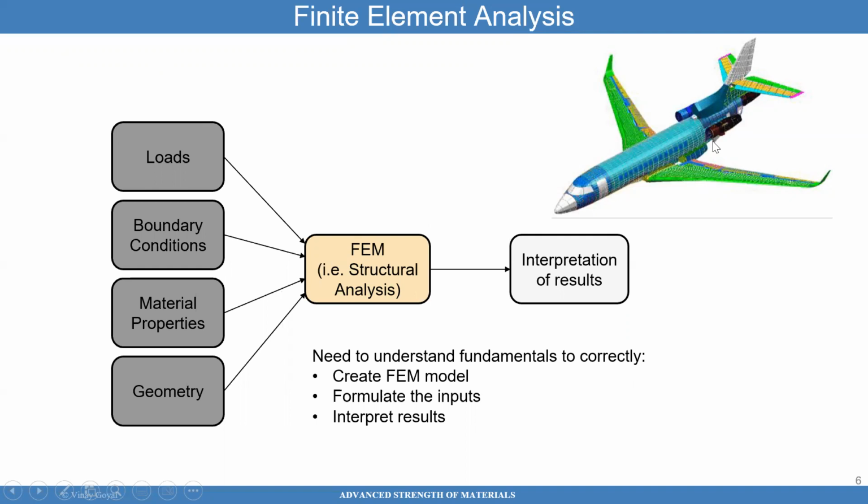For that reason, a lot of times what you do is you create a model like this that can give you a lot of the details of where the structural system could fail. And you do that by interpreting the results that come out of this model. This model is going to produce stresses, strains, and deflections, and you want to make sure that you don't fail the system because of exceeding those structural loads.